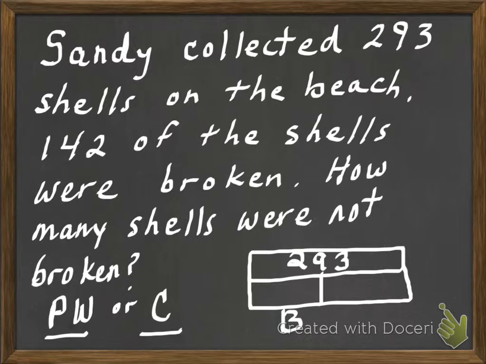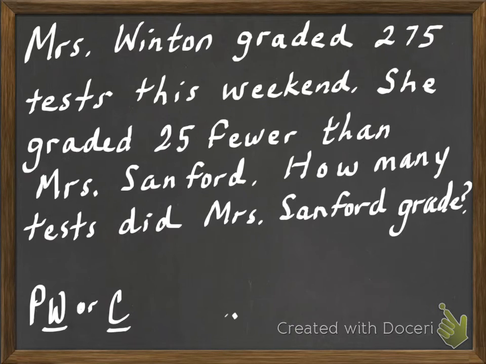I'll put a B for broken, 142. And the part that I don't know are the shells that were not broken. Did you set up your bar model correctly? Hopefully you got time for one more.